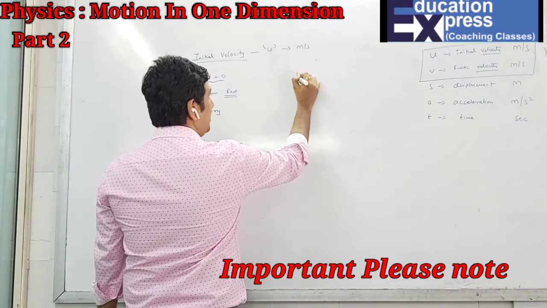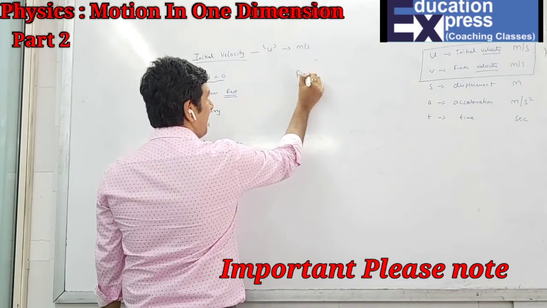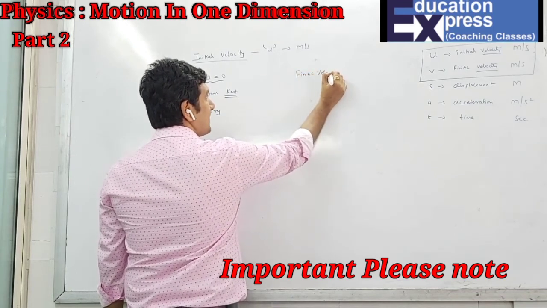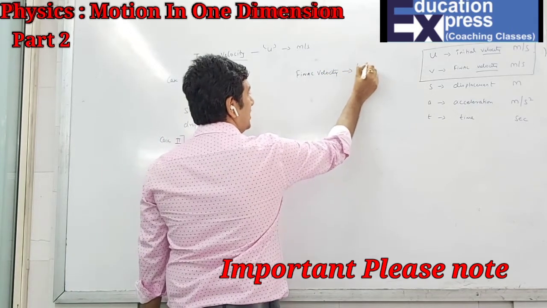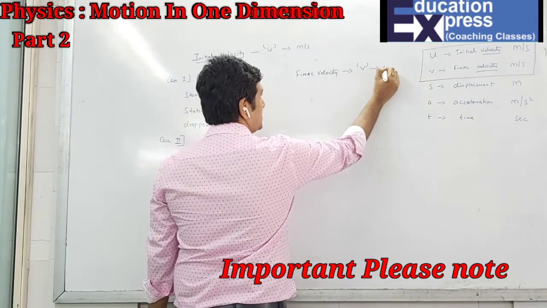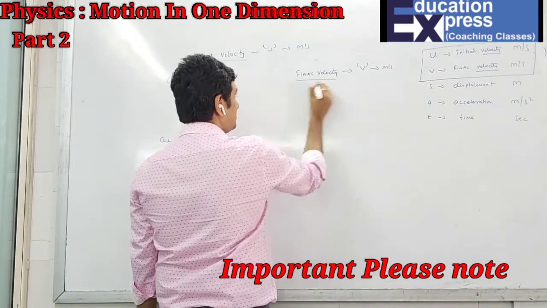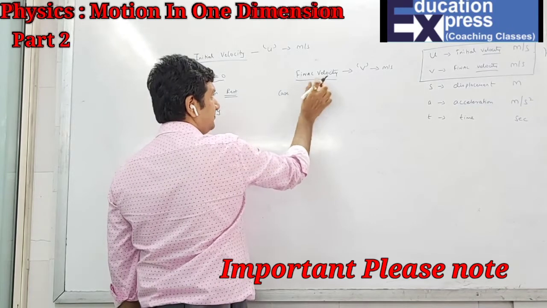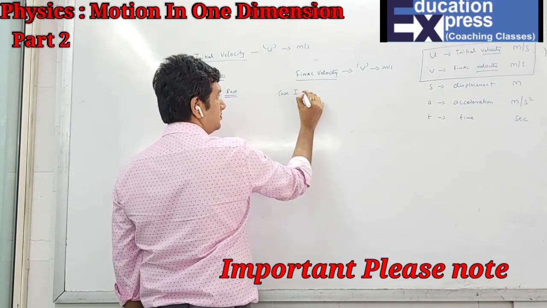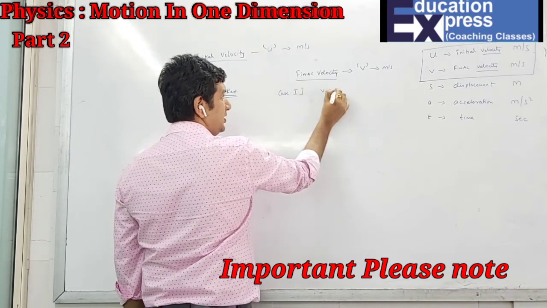So final velocity is given by letter V and the unit is again meter per second. Case 1: when can you take V as 0?